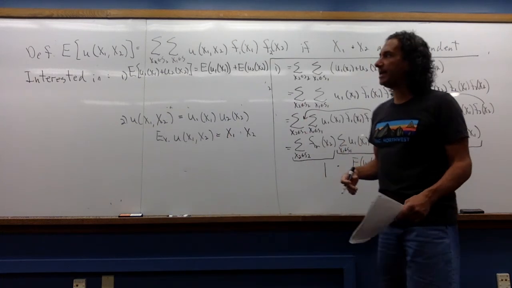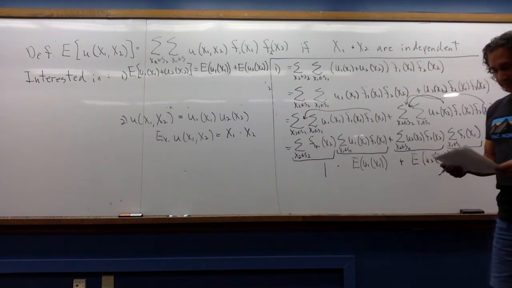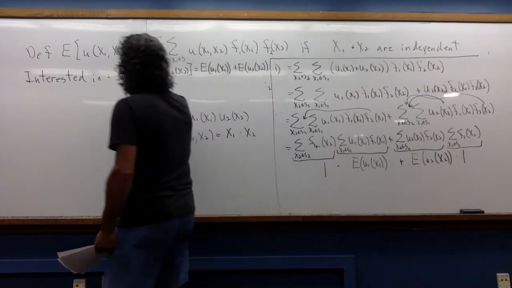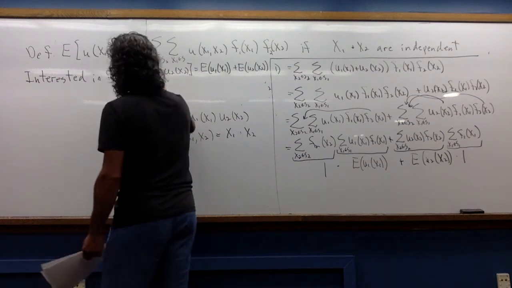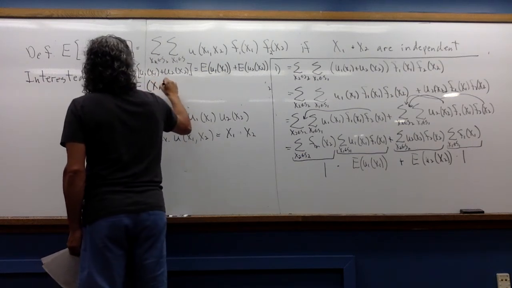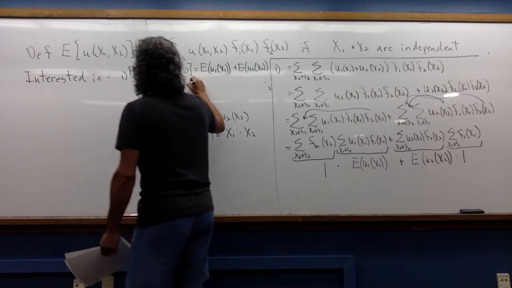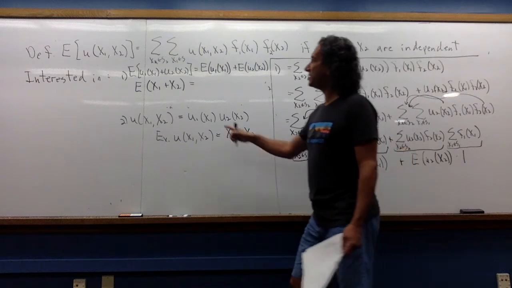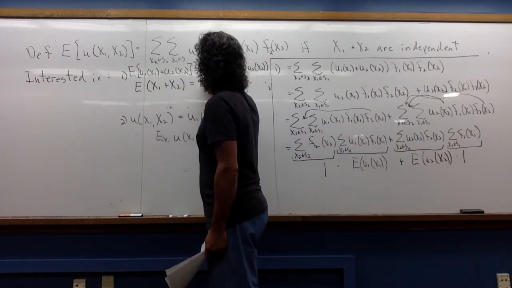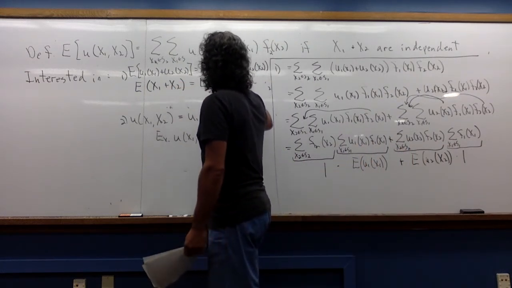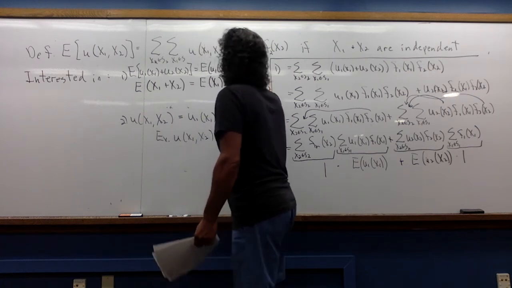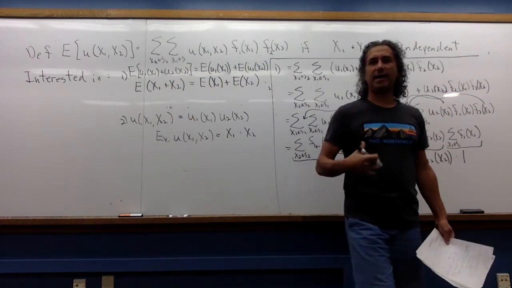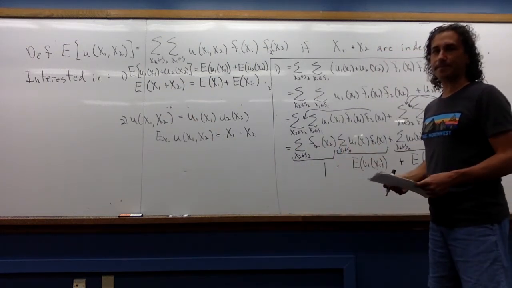I can just add the individual expectations. So if the functions we're going to be interested in are u1 of x1 is x1 and u2 of x2 is x2, well, this becomes a very simple process. You just have to add up the individual expected values to get the expected value of that joint distribution.